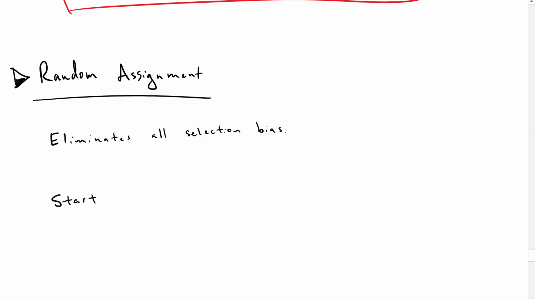If we're going to use our current example, start with a sample of people who are all uninsured, then provide health insurance to a randomly chosen subset of this sample.